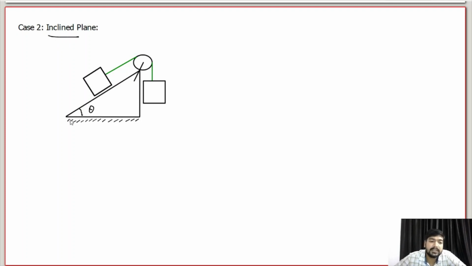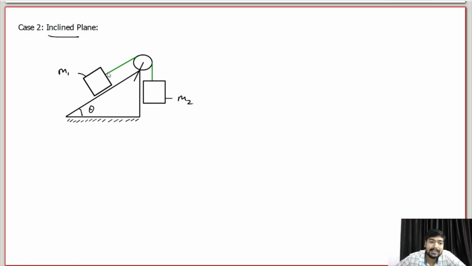So this is the case of the inclined plane. In this, there is a fixed inclined plane having inclination theta. Let's consider this is the mass M1, and this block has another mass. Here this is the string attached to the pulley and to the block.